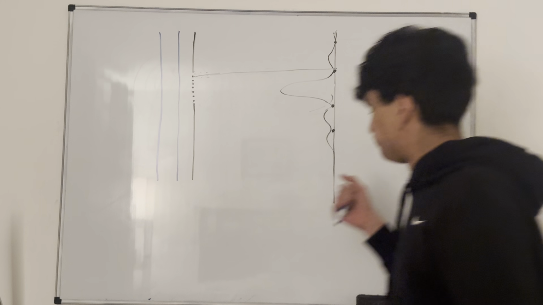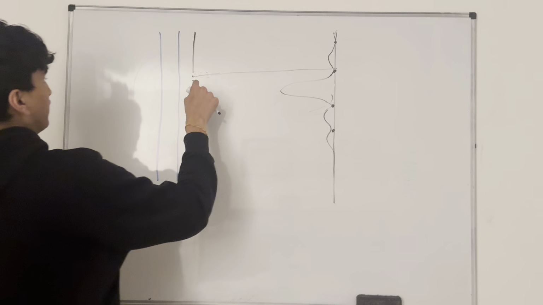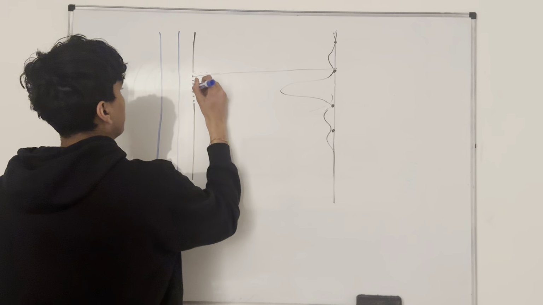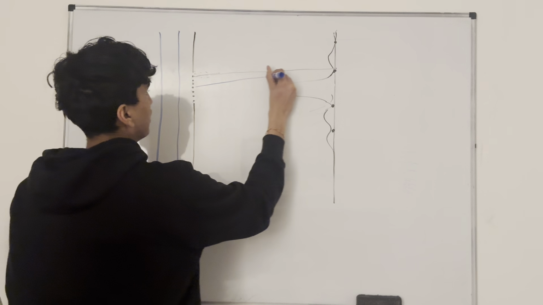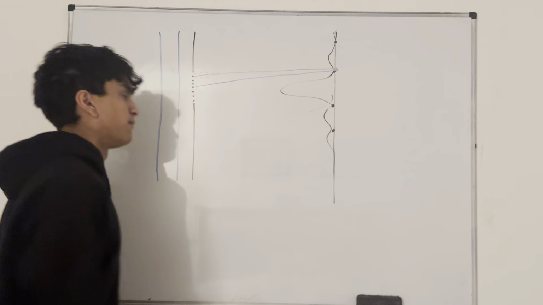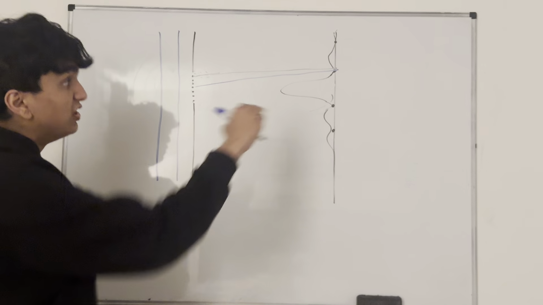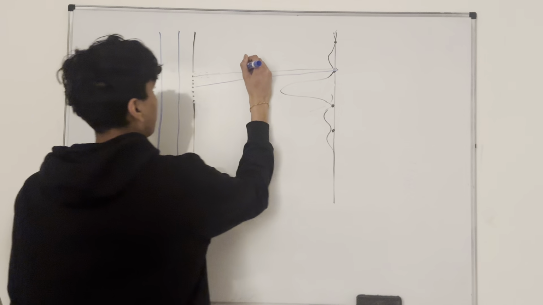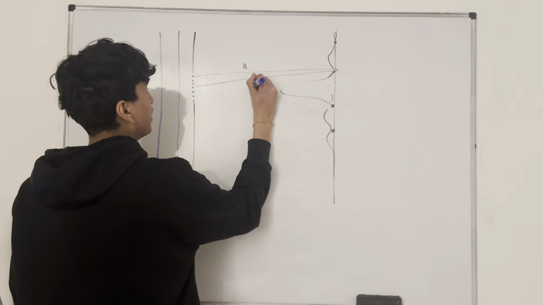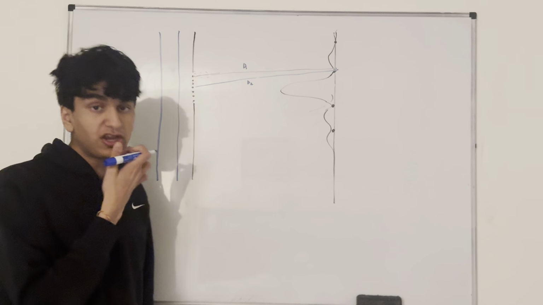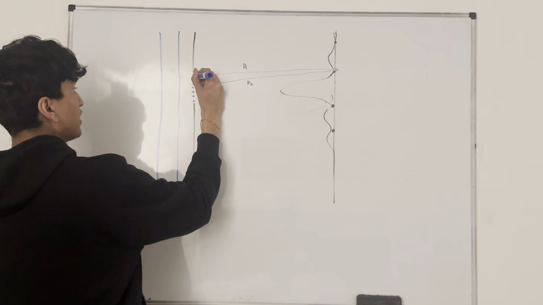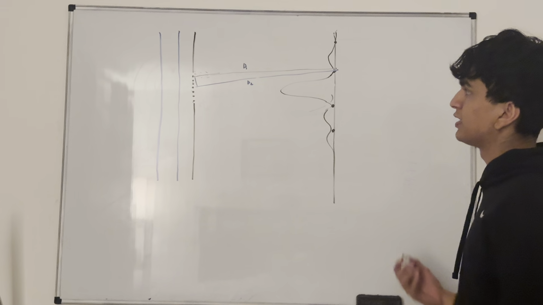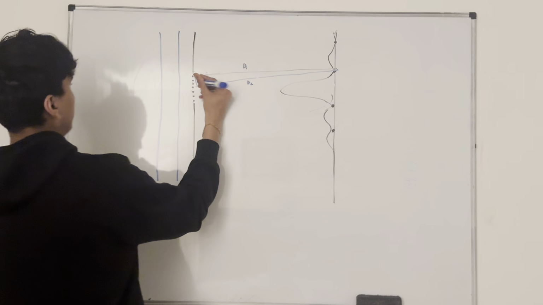Think about this point right here, the point by the barrier, and the middle point. They're going to interfere like this, and it's going to be destructive interference. So if this is D1 and this is D2, I can do my small angle approximation where I draw a line that I think is like a perpendicular bisector or whatever.